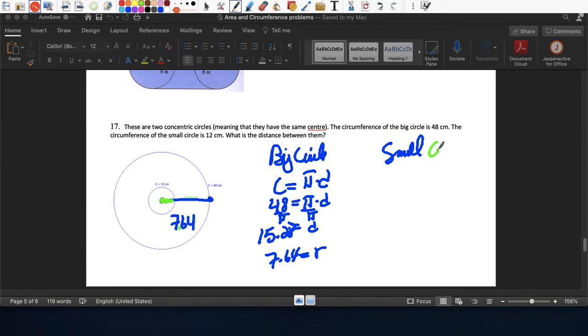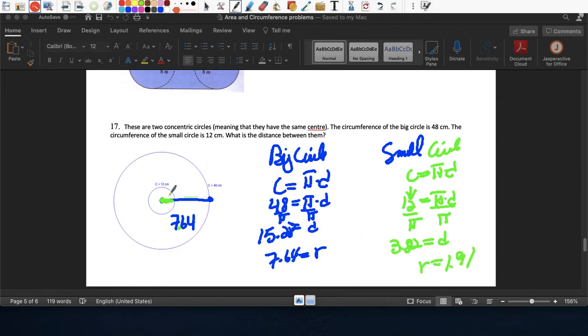So in the small circle, C equals pi d. The circumference is 12 centimeters. So 12 centimeters equals pi d, and divide both sides by pi, and the diameter, 12 divided by pi, is 3.82, which means if I divide that by 2, I get the radius, and the radius is 1.91.